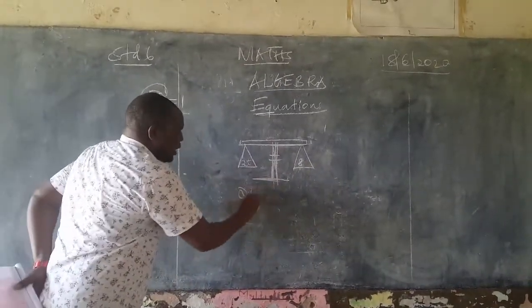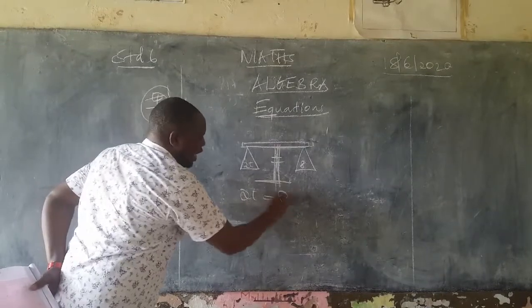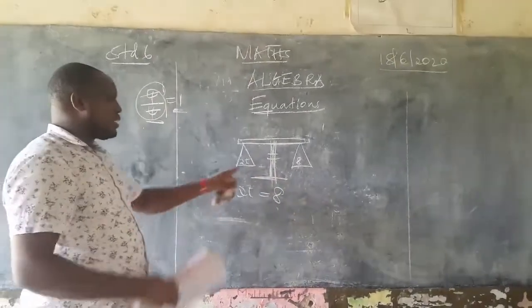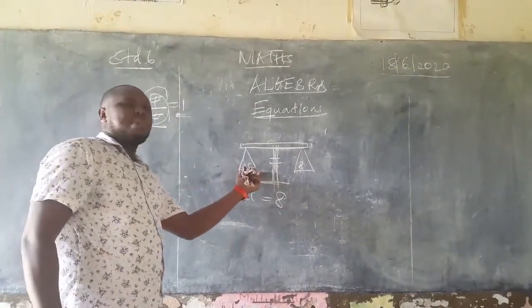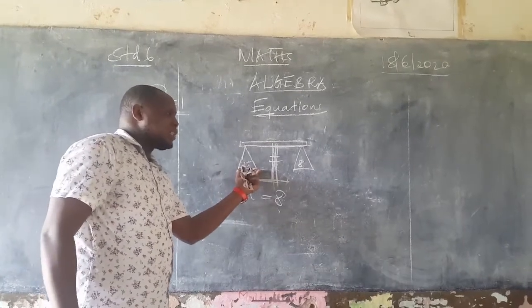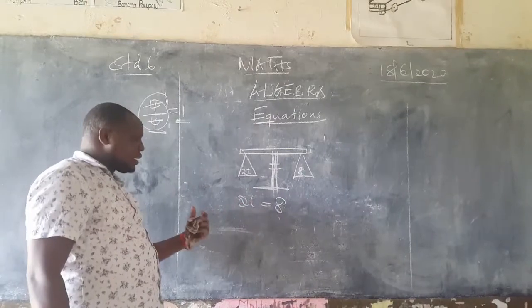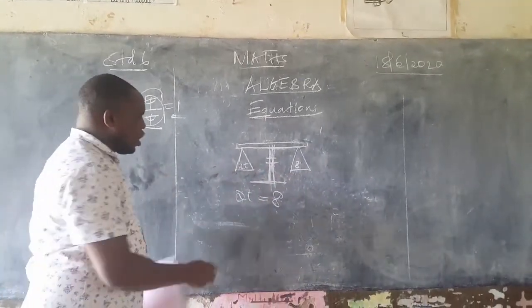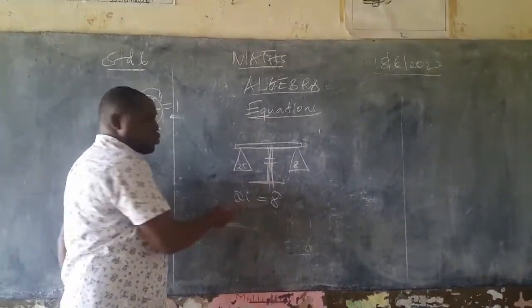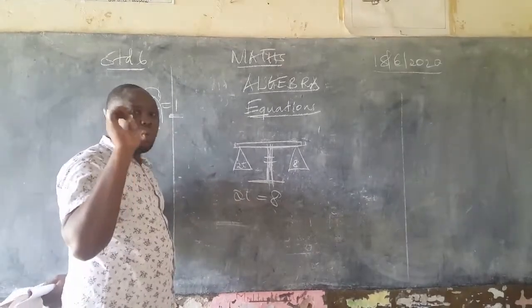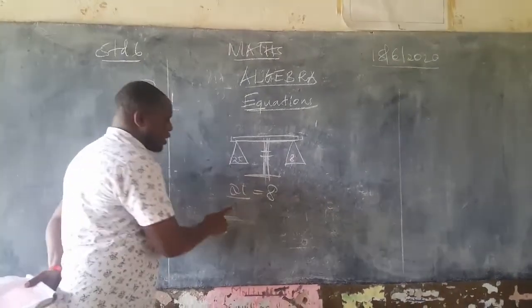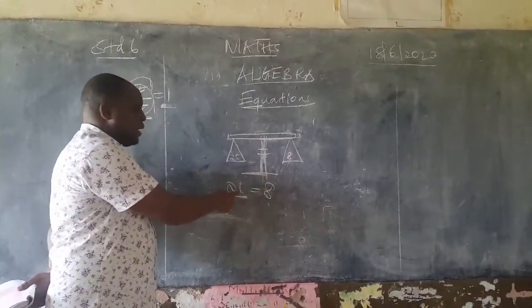So we are going to say 2t is equivalent to 8. Because if they are balanced, that means whatever is in this bag has the same weight or mass as the one on the other bag. So we are going to divide, because we don't want 2t, we want 1t. So we divide by the number that appears before t.